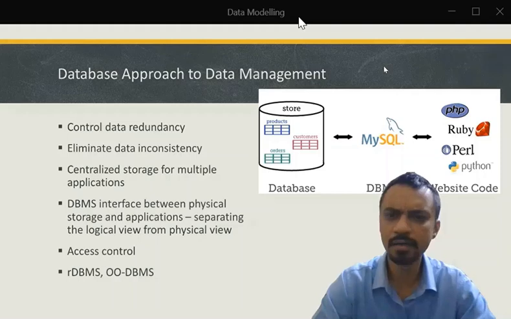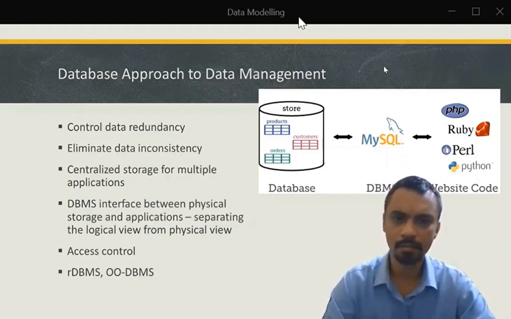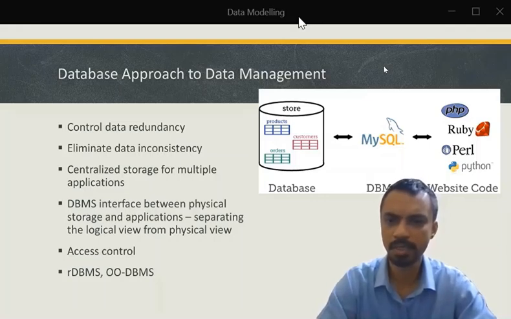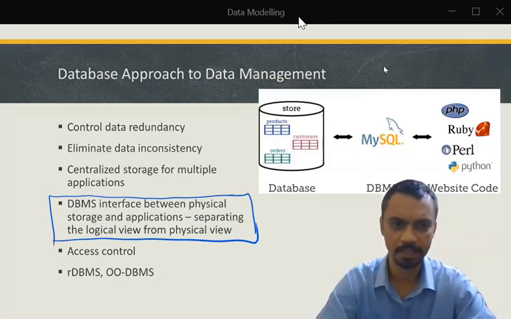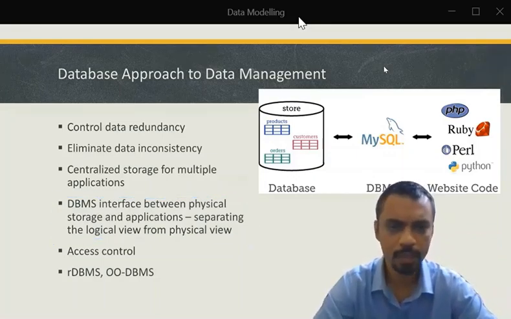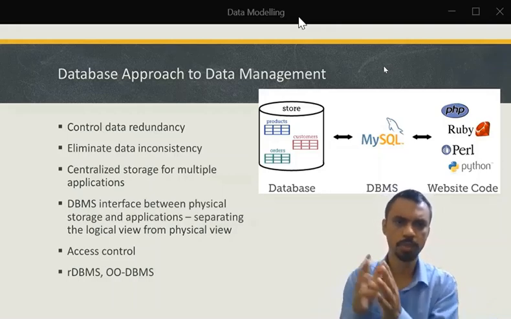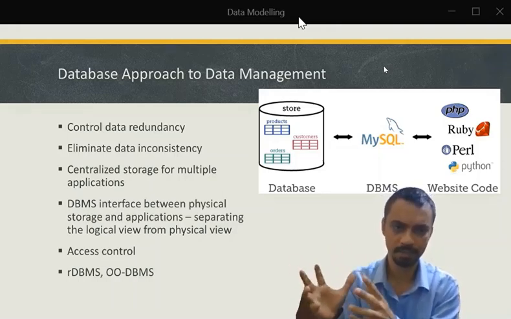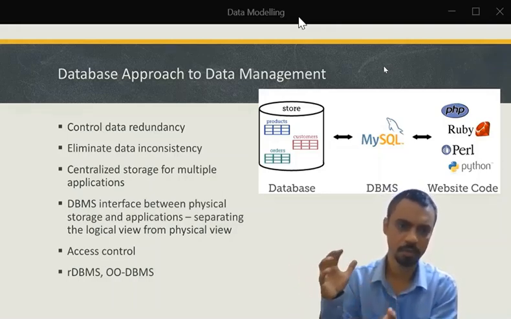Now lastly, I'll talk about this point about the interface between physical storage and the logical view, or the applications. So I would like you to look at this image, which shows you that on the left hand you have the database, which is basically a storage.